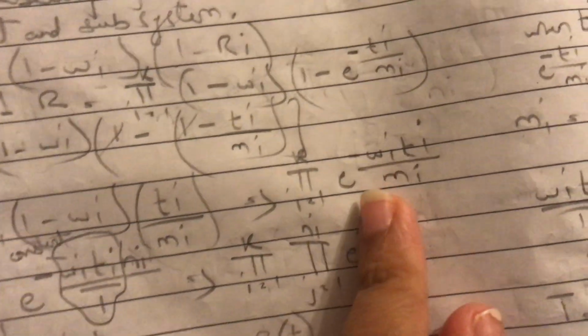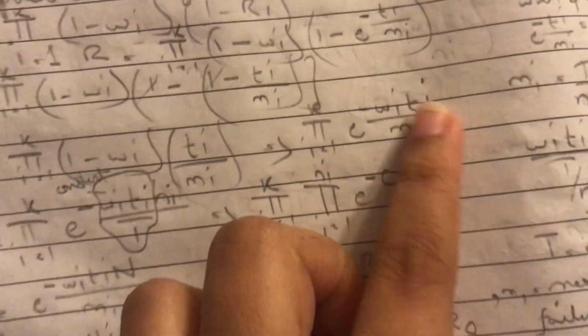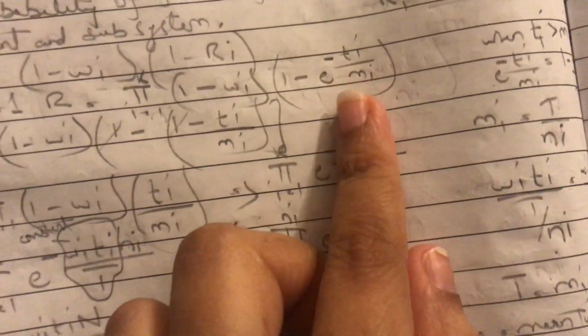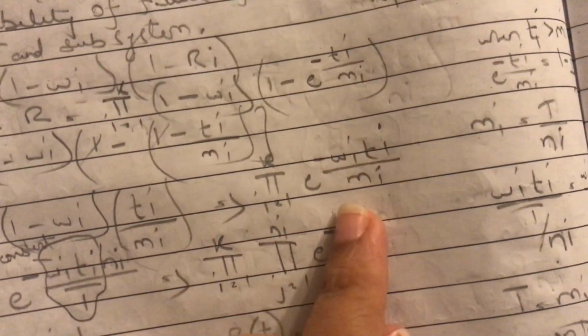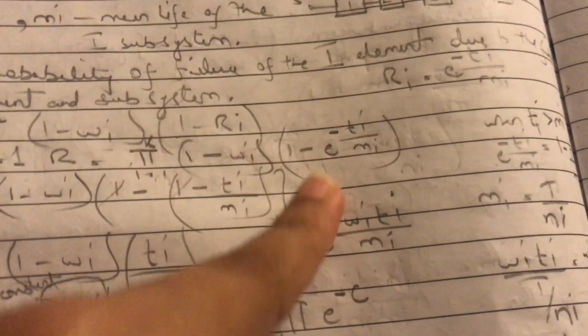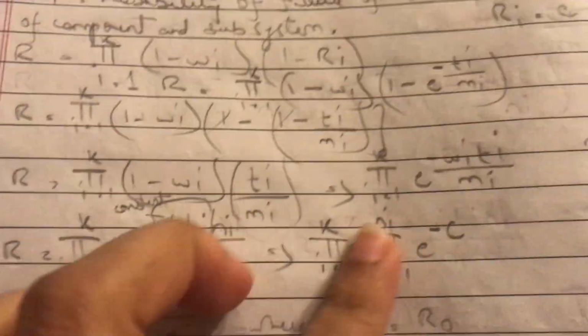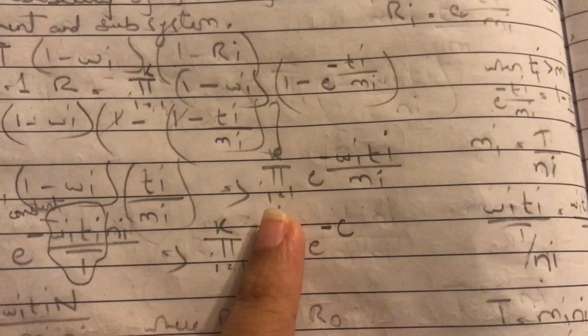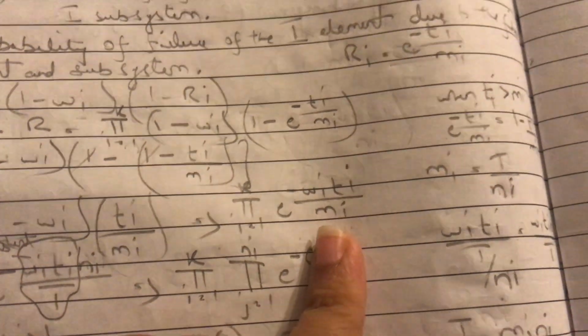In the form of an exponent, we create this in the above part. This goes in the exponent, so minus Wi Ti over Mi. I hope this is clear. It's the same thing that we have done in the two steps before.